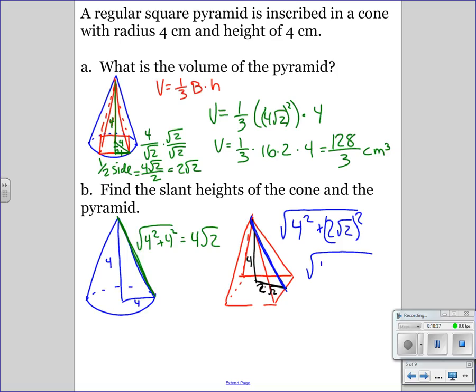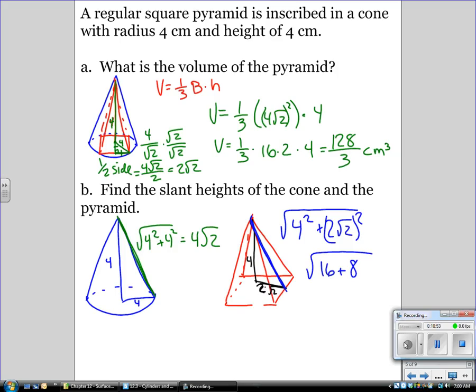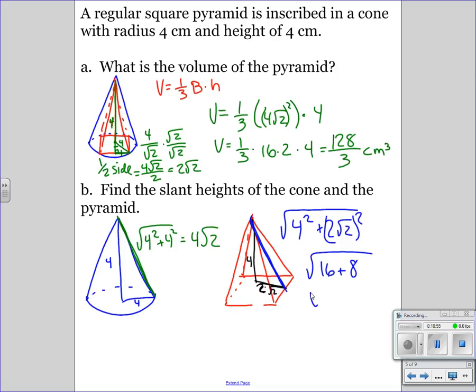That's going to be 16 plus 8. So that's going to be the square root of 24. Square root of 24, I can pull out a 2 root 6.